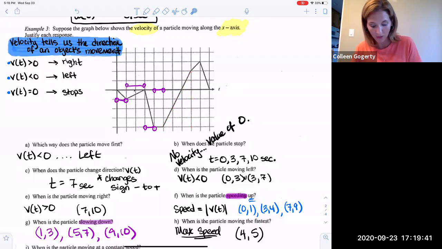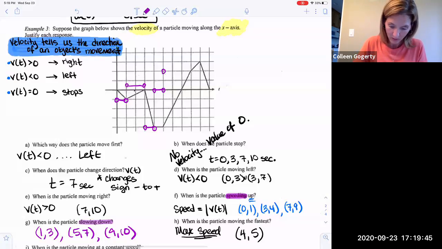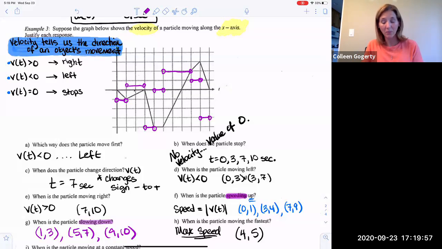It went over 3, so that would be a slope of 2. Now we have a next little area. The slope in there is 1. And then lastly, it looks like my slope is a -3. So what I have just graphed in purple is my acceleration graph.